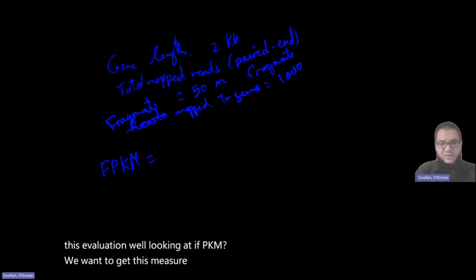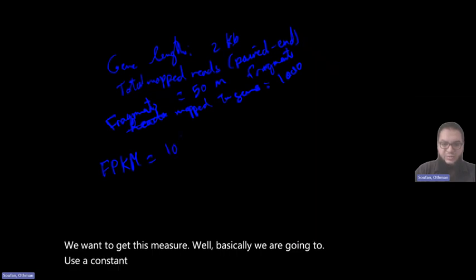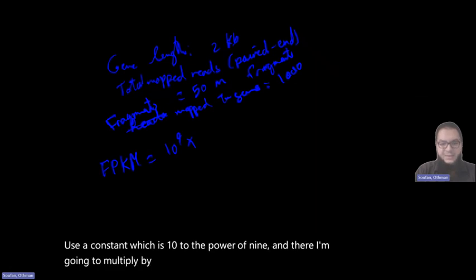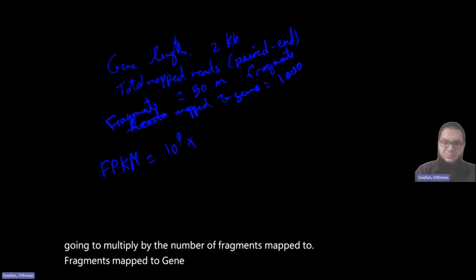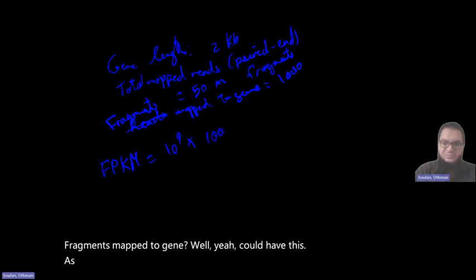Basically, we are going to use a constant, which is 10 to the power of 9, and then multiply by the number of fragments mapped to the gene, which could be 1,000. This is the number here.